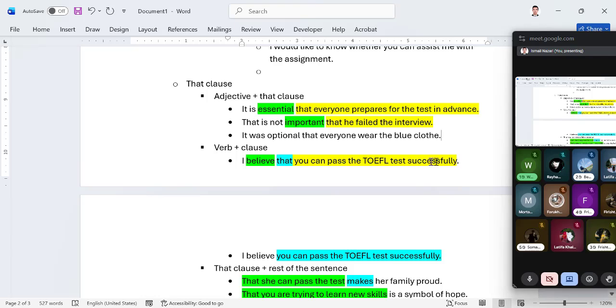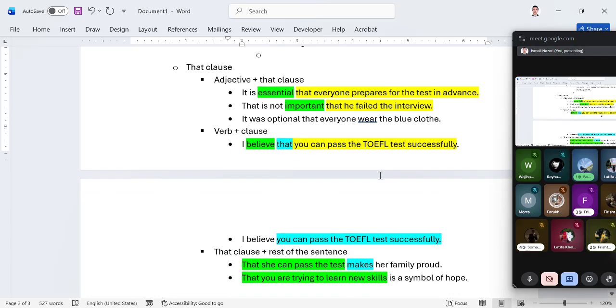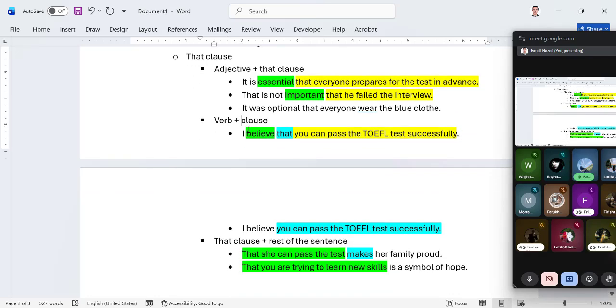Okay, Miss Bilqis. Okay, teacher. With which of them? No matter, you can go on with the verb plus a clause. Okay, teacher. So I will just tell a sentence.